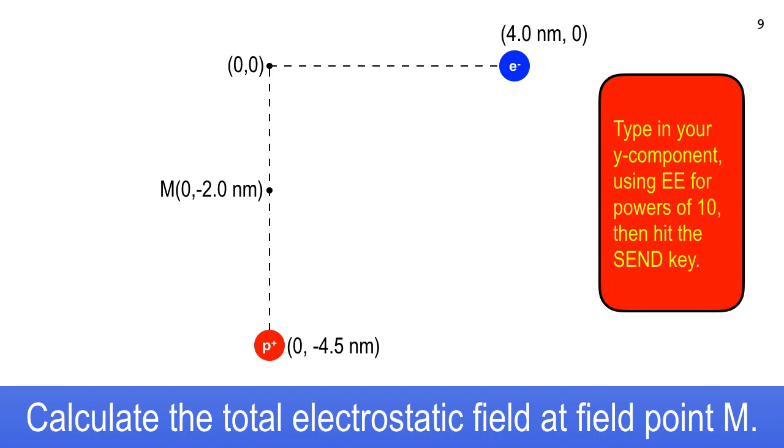All right, I see a bunch of people down here. It should be about, according to my calculation, actually, I think I used 9 times 10 to the 9. It should be about 3.45 times 10 to the 7.